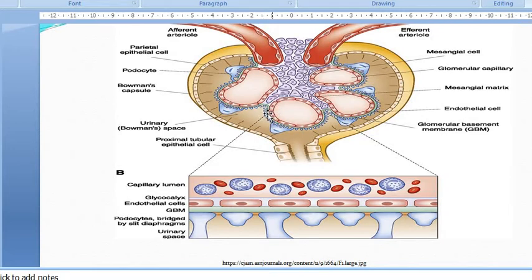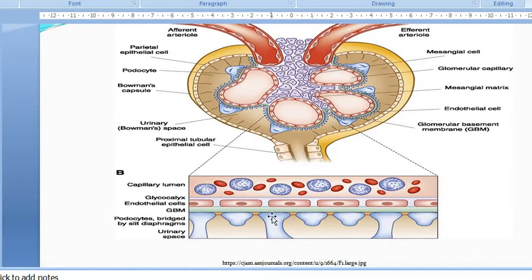In small blood vessels, the walls of these blood vessels have a structure like this. The first portion is the glycocalyx, endothelial cells, and glomerular basement membrane. The middle thing is the basement membrane. These have the specialized structure for the formation of filtrate, that is, to filter the blood through this slit.